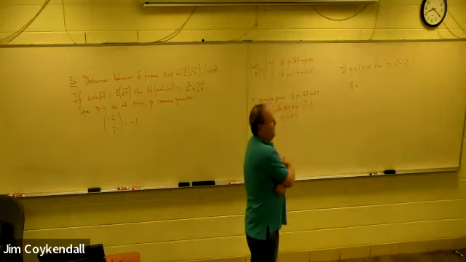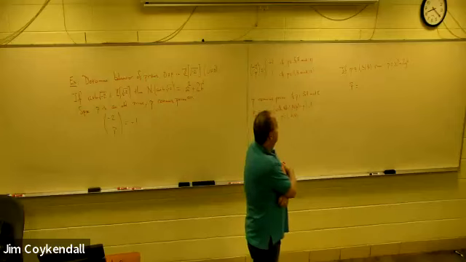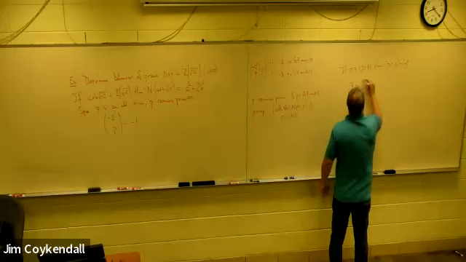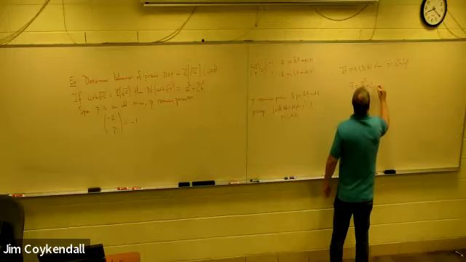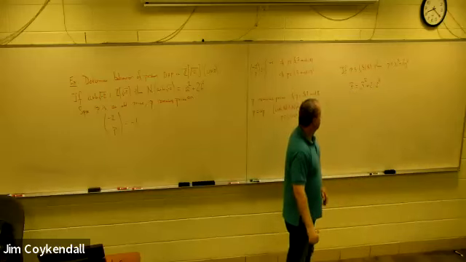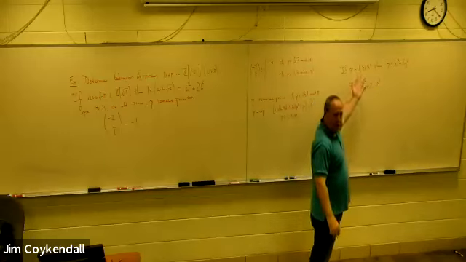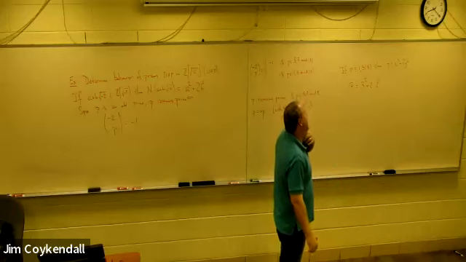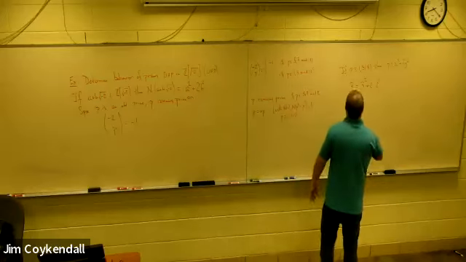Anybody see how to do it? Magic, right? Let's see, what's a good one? 43 is equivalent to 3 mod 8.